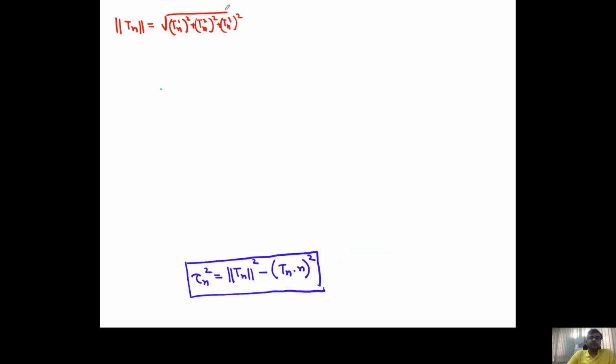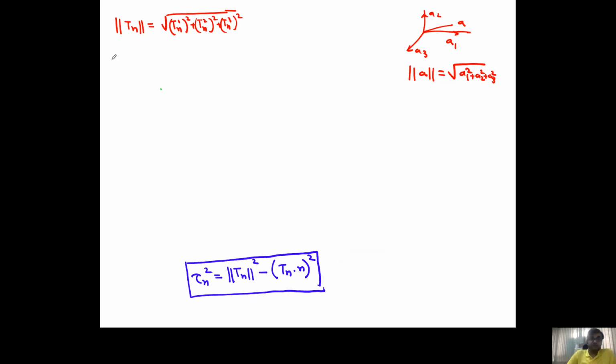So this is what the magnitude of Tn means. If you are getting confused, it's very simple actually. So this is A, then here we have A1, A2, A3. In the first lecture itself we discussed that the magnitude of A is the square root of A1 square plus A2 square plus A3 square. So this is what the magnitude is.